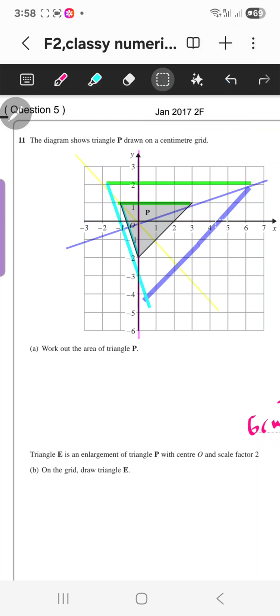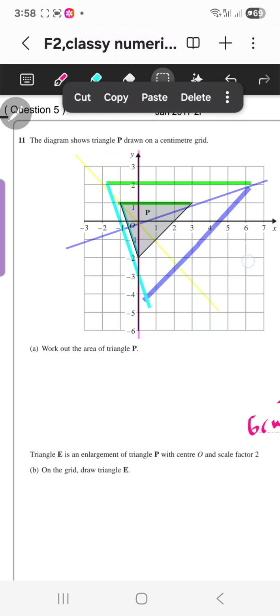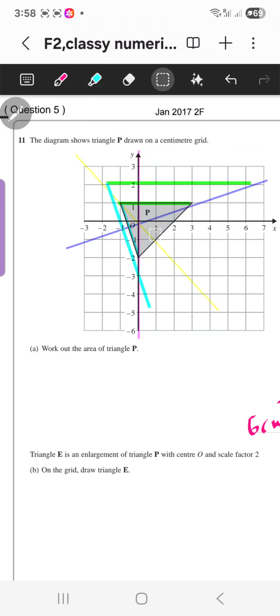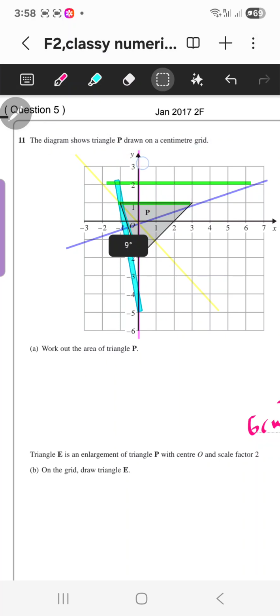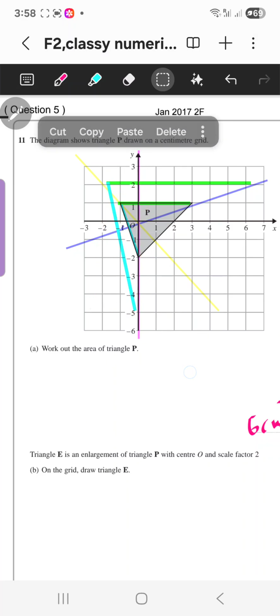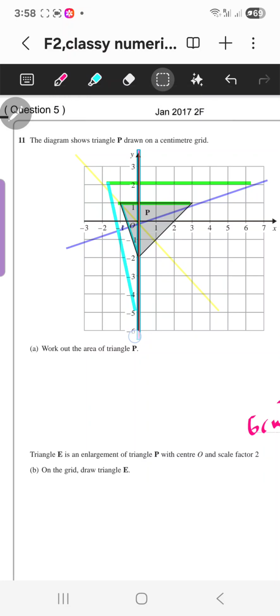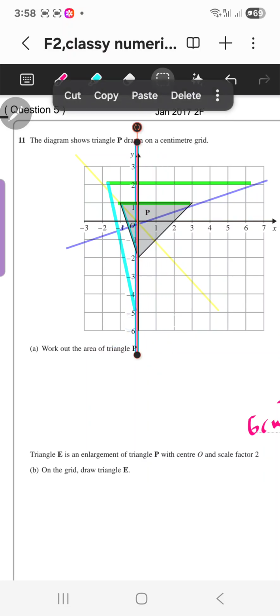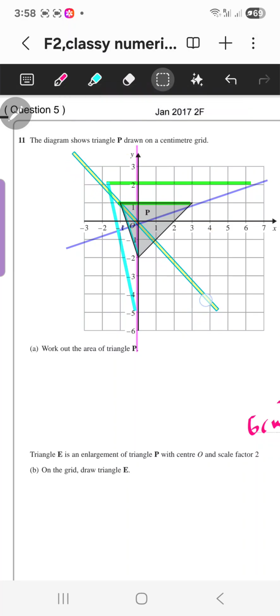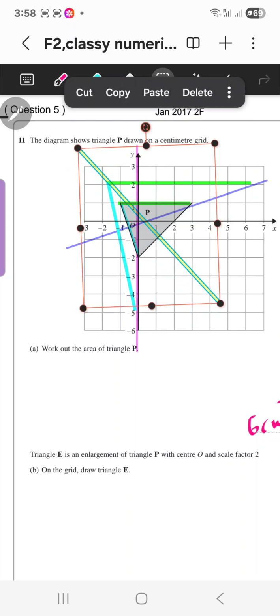Just move it a little bit. We need to make it between the yellow and the pink, exactly like this. It must be in between this line and the yellow one.